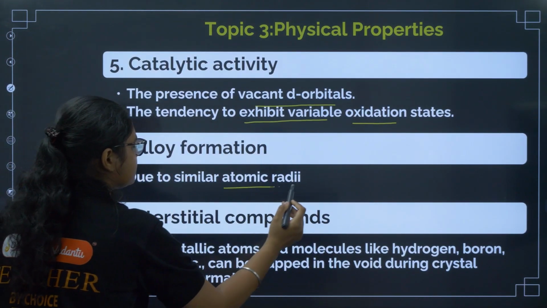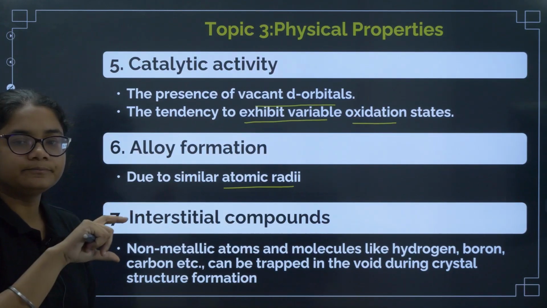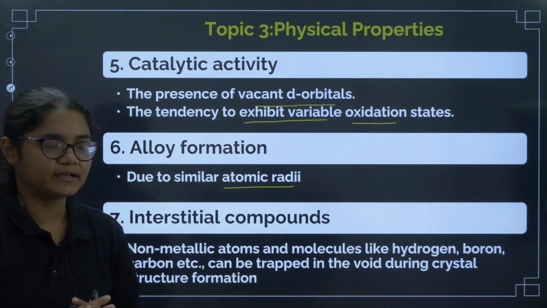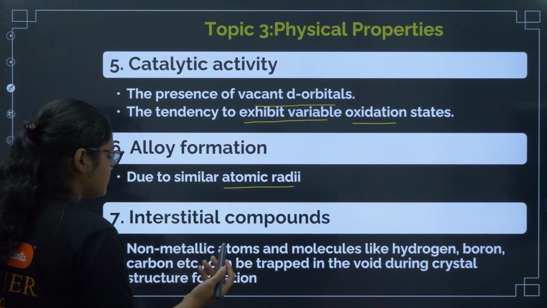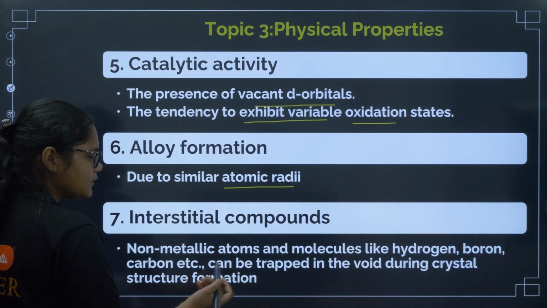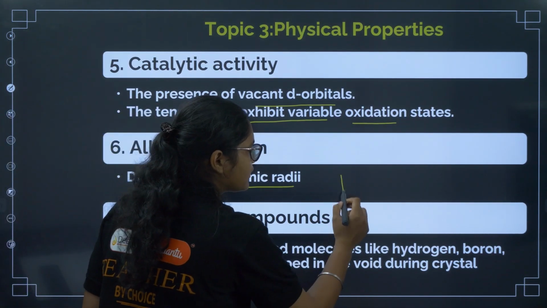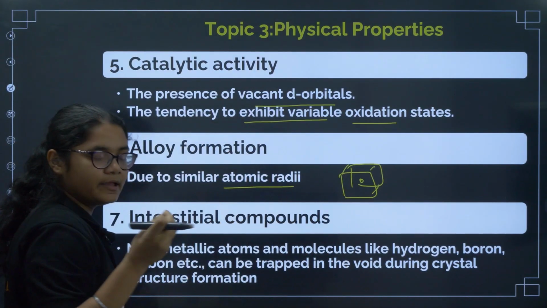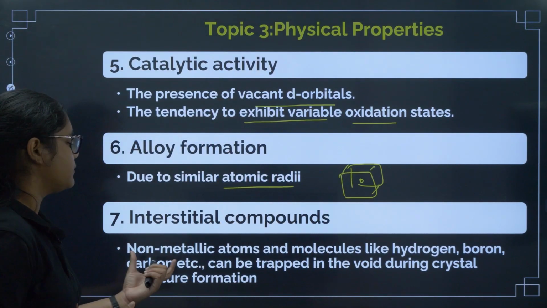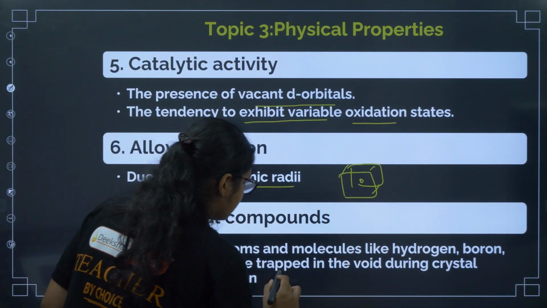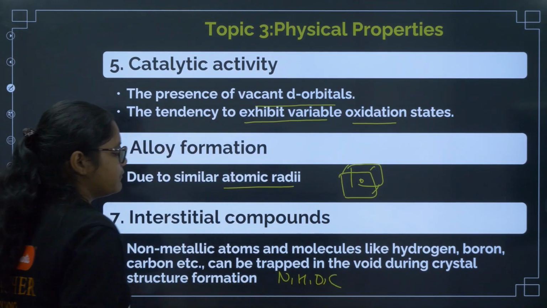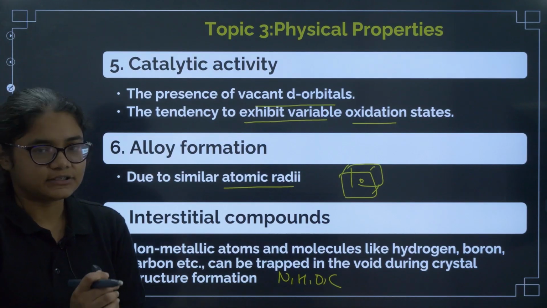Alloy formation is because all the transition elements have almost similar atomic radii, so it is easy to mix them. Now interstitial compounds: in a crystal there will be some spaces or voids, and these voids are filled with non-metallic atoms, like nitrogen, hydrogen, oxygen, carbon. When they enter, they form interstitial compounds.